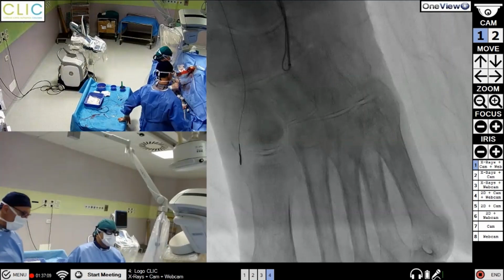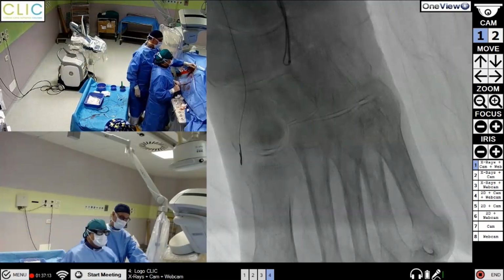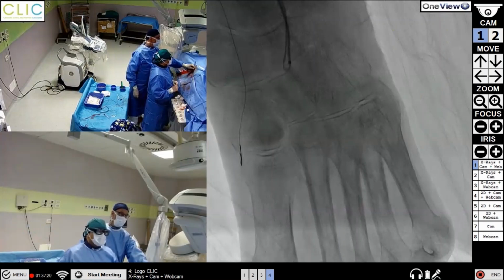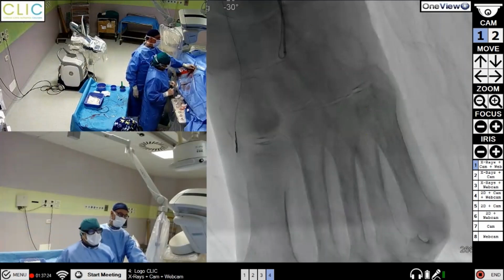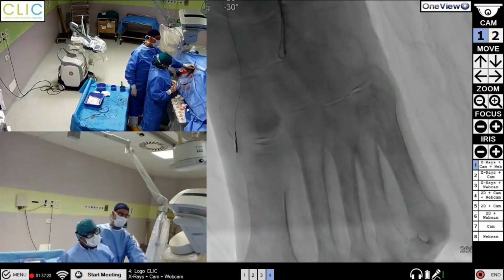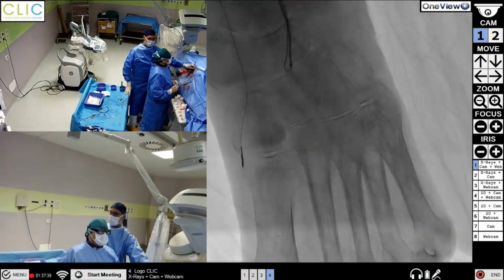I'm trying now to complete my dissection and re-enter somewhere, but I already shifted to a 0.014 wire, the Gladius 0.014 with an Astato 30 grams, to try to achieve a re-entry, but this tract is really, really tough. I cannot proceed with any kind of wire.